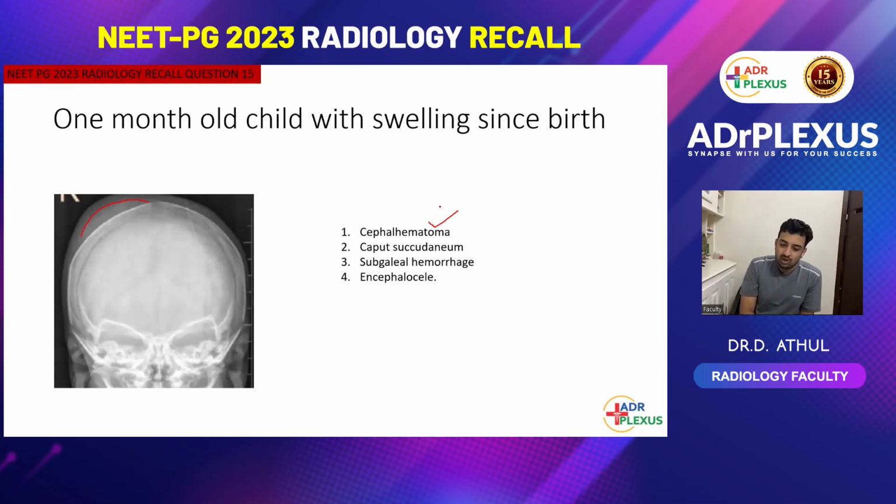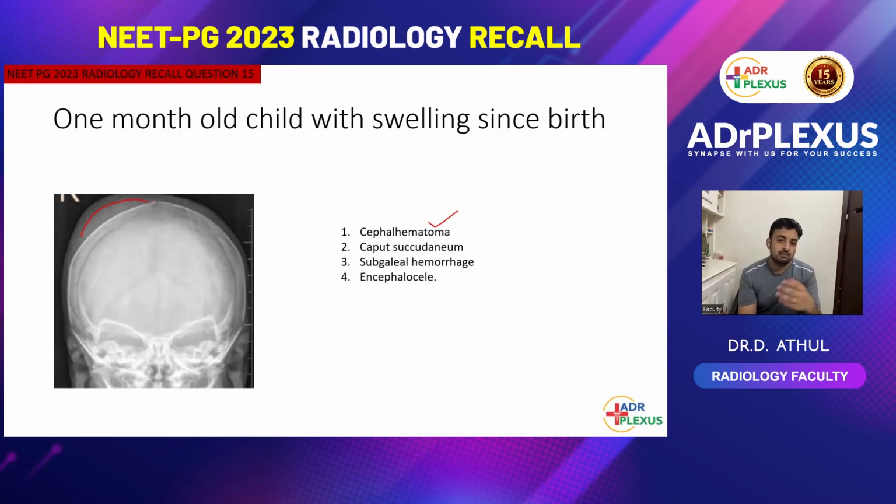Subgaleal hemorrhage will be also persisting. It is difficult to differentiate between cephalhematoma and subgaleal hemorrhage, because subgaleal hemorrhage is, again, just like SDH. It will not be limited by sutures. Since it is above the periosteal layer, it can cross the sutures, whereas cephalhematoma will not be able to cross the suture lines.